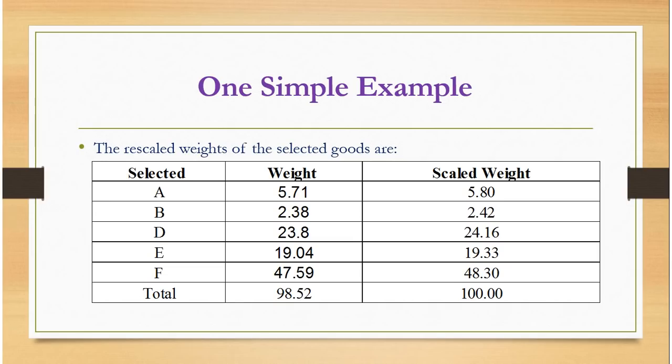Now we rescale the expenditure weights of those 5 commodities of the CPI basket. So the total weight is 98.52. We assume this to be 100 and rescale the weights for all the 5 goods.